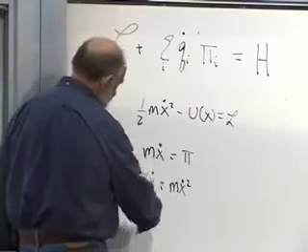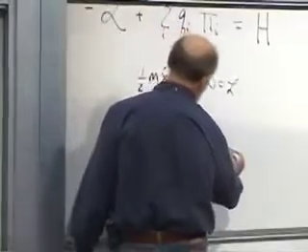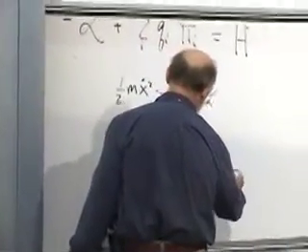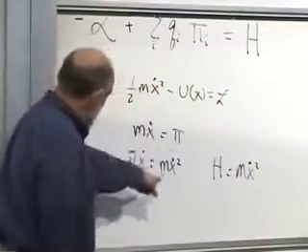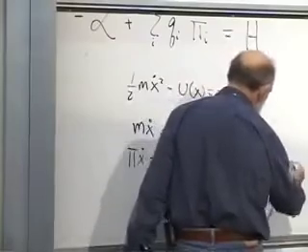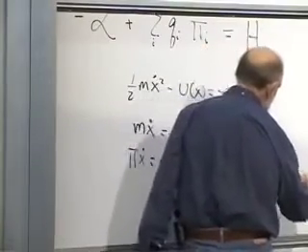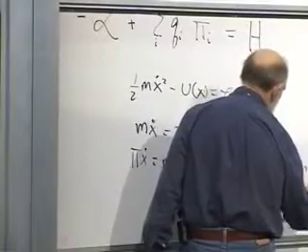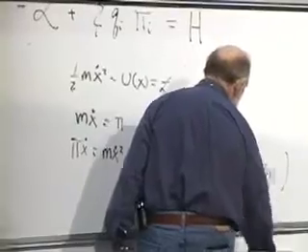All right, so h then, in this case, would be mx dot squared, that's pi times x dot, minus the Lagrangian. The Lagrangian is mx dot squared over 2 minus u of x.